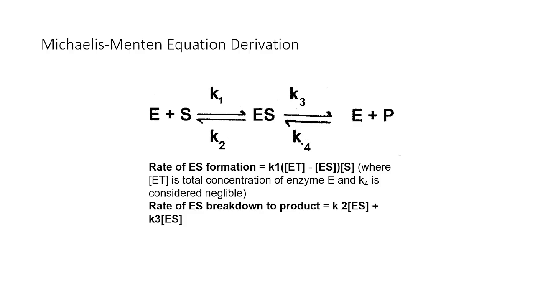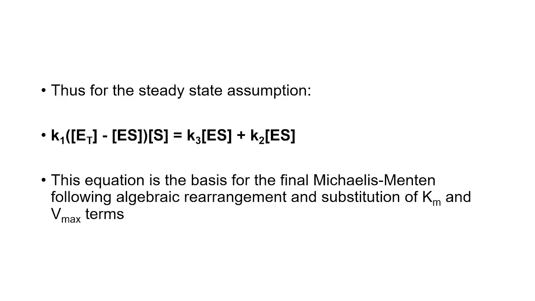The rate of breakdown to product is K2ES plus K3ES. Thus, for the steady state approximation, where the concentration of the enzyme substrate complex tends to 0, this is the equation that's the basis for the Michaelis-Menten algebraic rearrangement and the substitution of Km and Vmax terms.